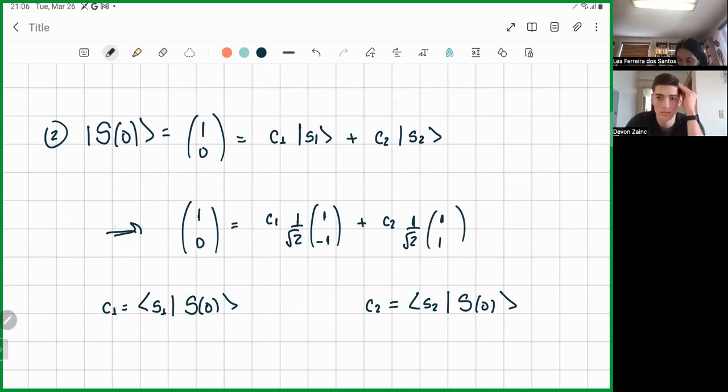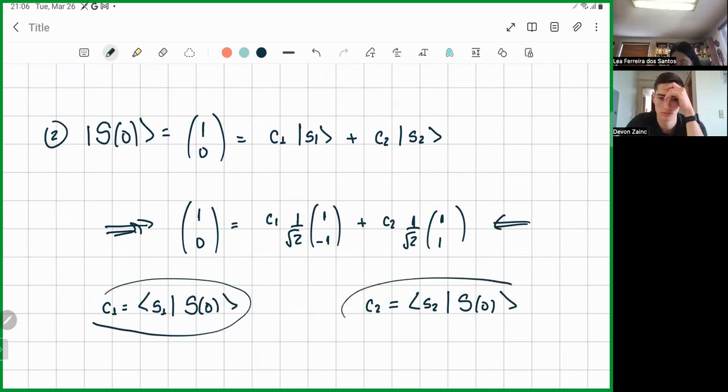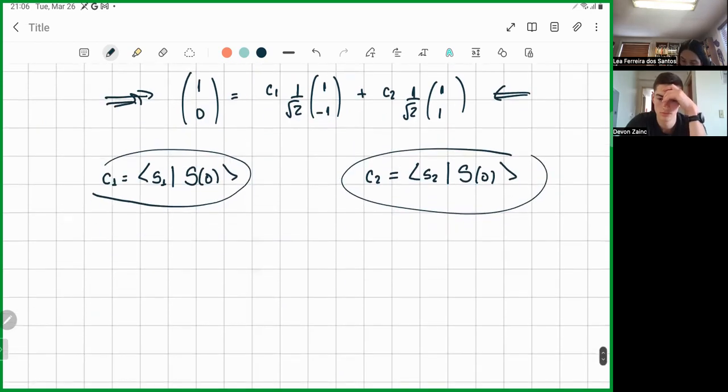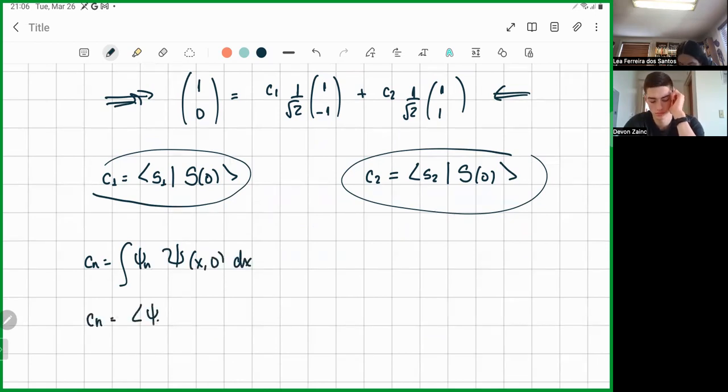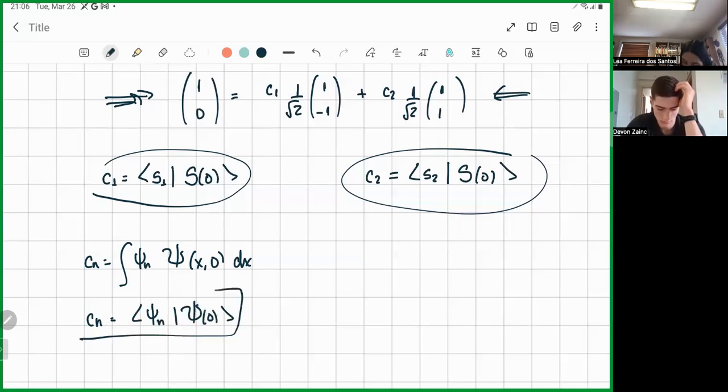Okay, so either you go solve this equation directly, no, you will have sums of C1s and C2s, or you find each C1 and C2 using this one. So remember what we used to do. Cn was this integral, which is the same thing as psi n with psi 0. So this is what I'm writing here.